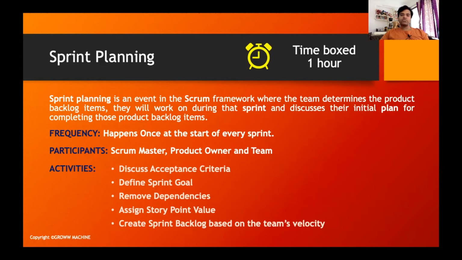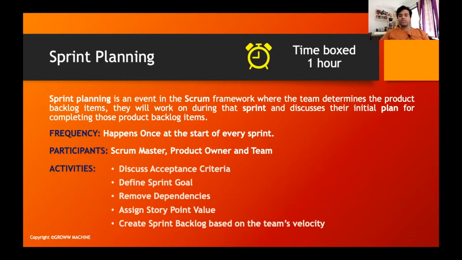When it comes to finalizing the sprint backlog, it is always a pull process, not a push process. So the product owner or the scrum master are not the ones who push items into the sprint backlog. It is usually the team who pulls the items into the sprint backlog. This ceremony is basically conducted for those discussions.